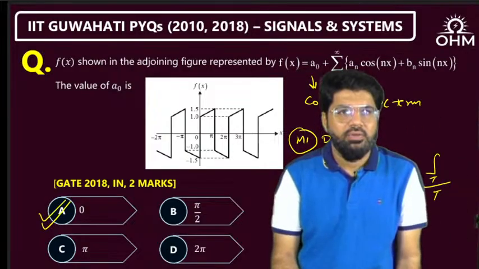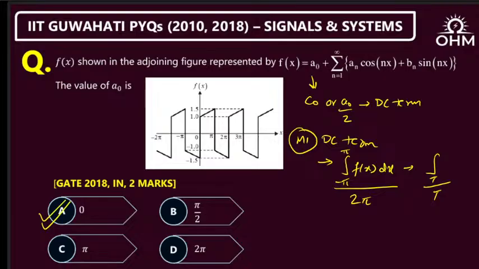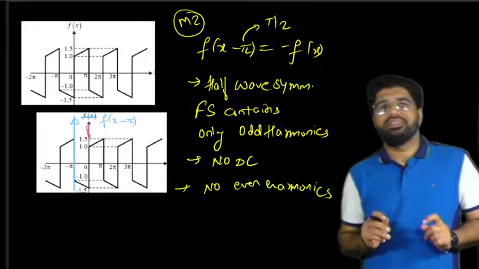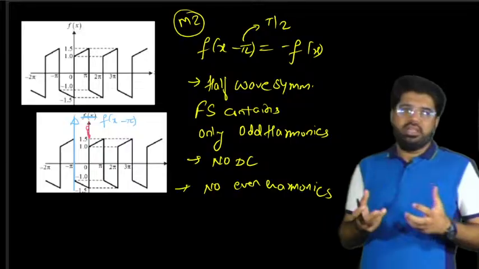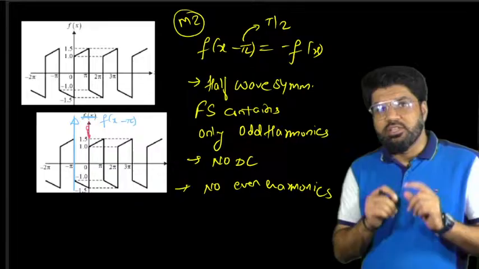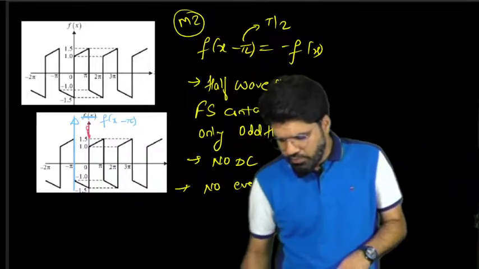To complete method number 1, you can split the integral as -pi to 0 plus 0 to pi, which gives some area A plus minus A, so the net answer is 0. Method number 2 is around half wave symmetry. Although the first method is also simple, you can expect questions on DC component also, but I prefer to remember the second method because half wave symmetry is very important in Fourier series analysis and in GATE questions as well.